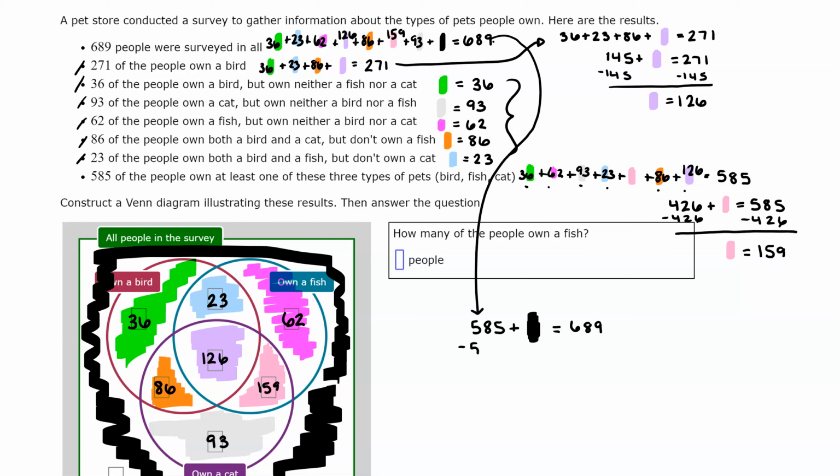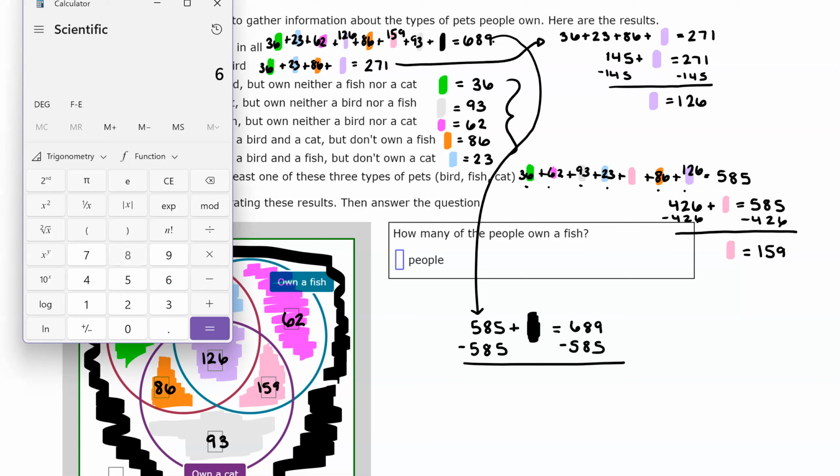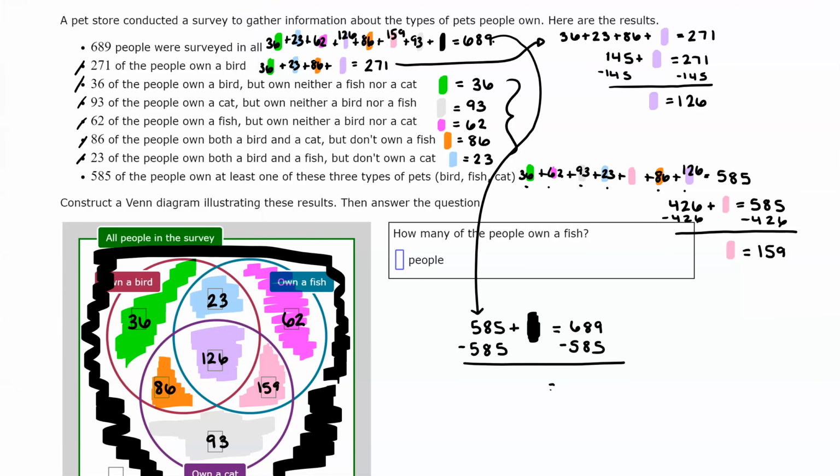So again, we'll just subtract. So 689 minus 585 makes 104. So the black room has to have 104 people in it.